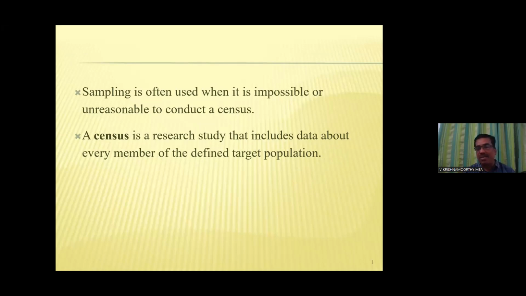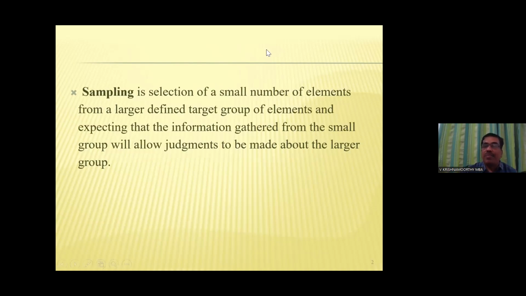But normally it's very difficult to collect data from the entire population, so we collect data through sampling. Sampling is the selection of a small number of elements from a large defined target group of elements, expecting that information gathered from the small group will allow judgments to be made about the large group.